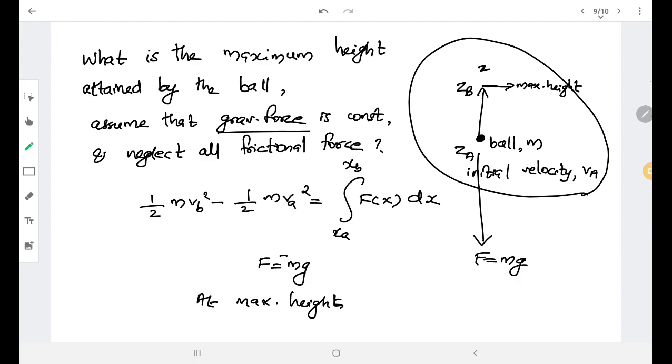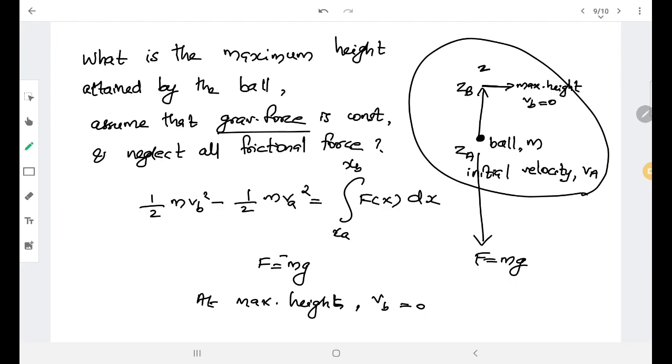At ZB, the ball will stop and then fall back. That means the velocity of the ball is 0. That is the clue. We have VA only, and at maximum height VB is equal to 0.